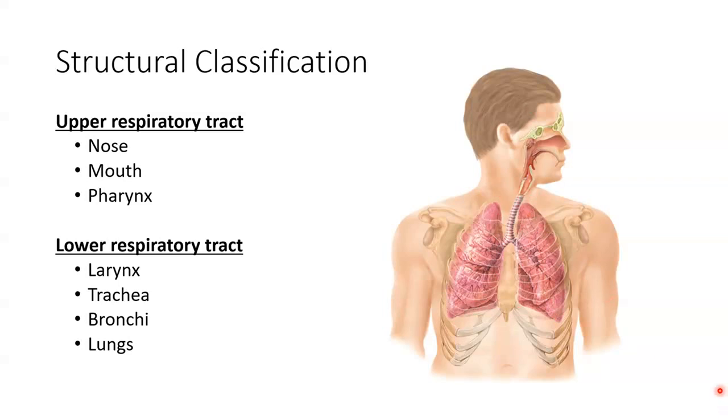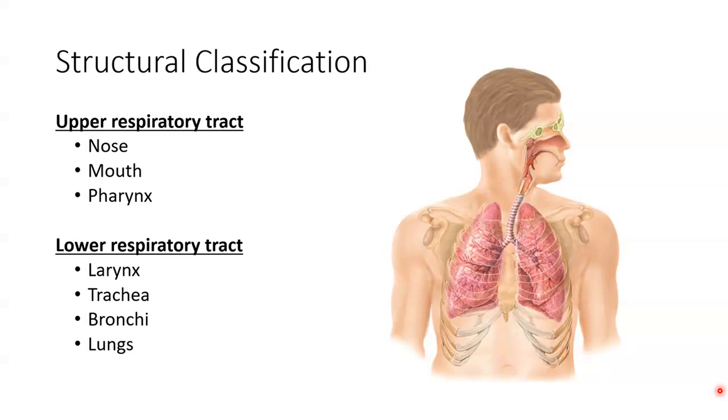Now, you may have heard of upper and lower respiratory tracts when you've been ill and you've seen the doctor. An upper respiratory tract infection affects obviously the upper part of your respiratory system, so think like your sinuses, your throat. Upper respiratory tract infections typically include symptoms like a runny nose, a sore throat when it's hard to swallow, and having a bit of a cough.